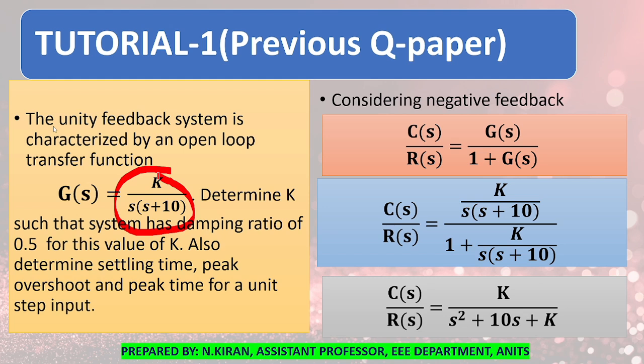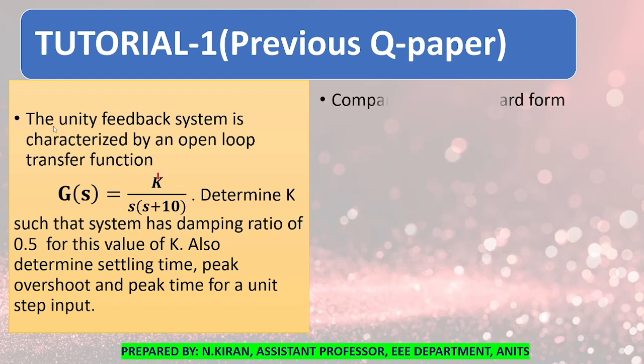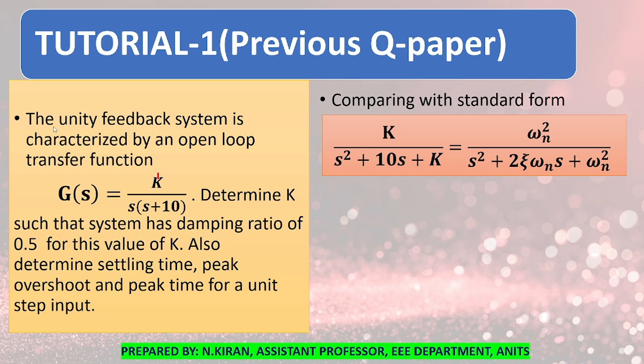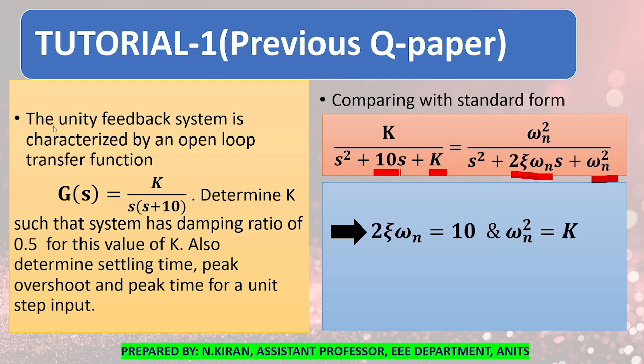Comparing this with my second order standard equation, that is ωn² / (s² + 2ζωn s + ωn²), I can see ωn² is equal to K and 2ζωn is equal to 10. From this I will get the expression for ωn, since I already know the value of zeta.